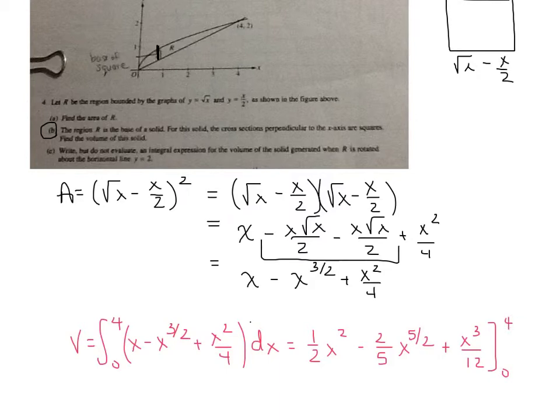So plugging in 4, we end up with 1/2 times 4 squared minus 2/5 times 4 to the 5/2 plus 4 cubed over 12.